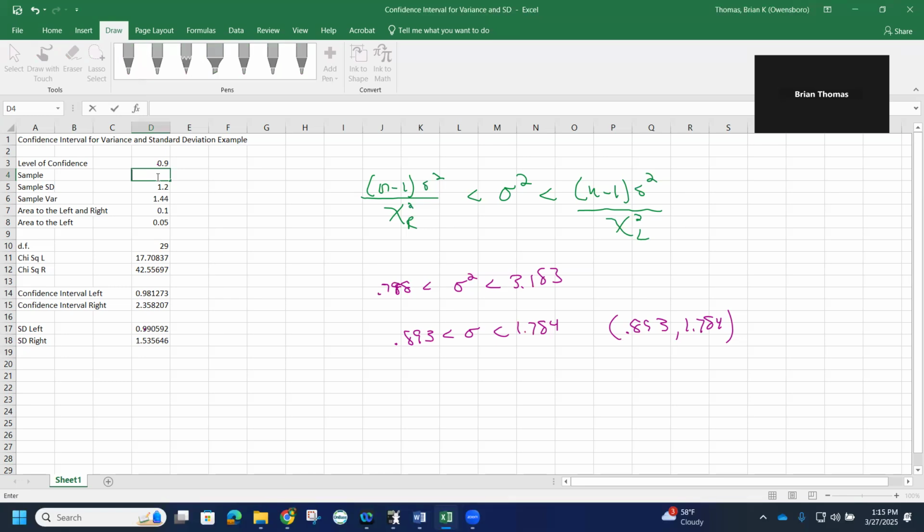Let's say 12 is our sample size. And suppose our standard deviation was, say, 0.08. So if I change those three fields, notice that everything gets changed. That's the cool thing about Excel: once you put in the given information fields, you can build formula fields that will adjust as necessary.